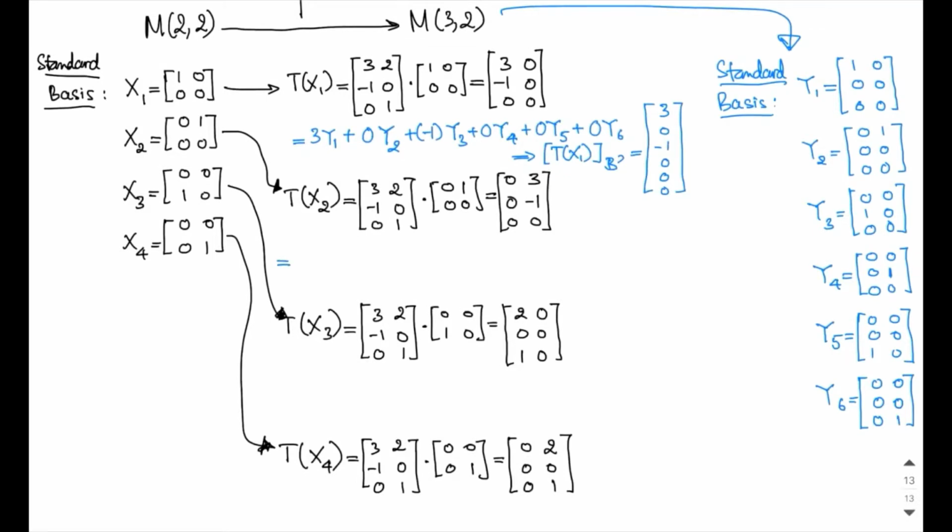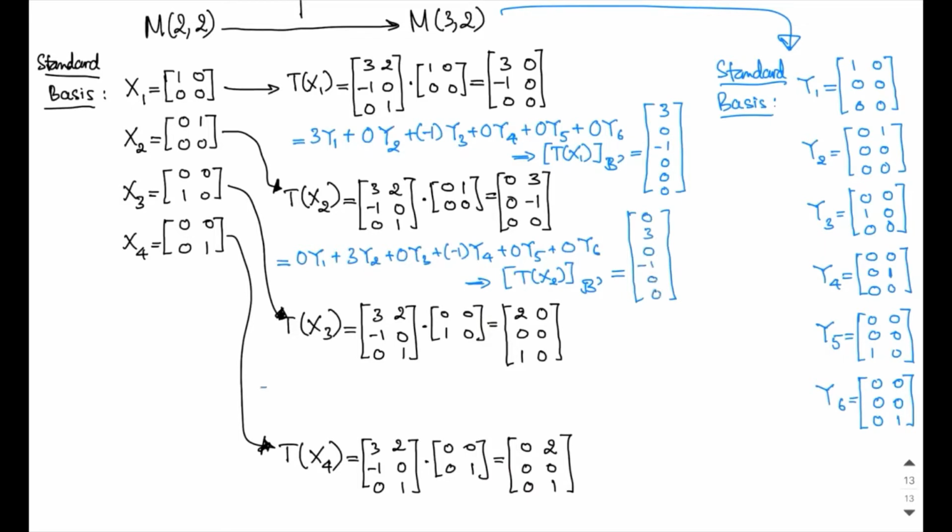You will find T of x2 being 0y1 plus 3y2 plus 0y3 plus negative 1 y4 plus 0 y5 plus 0 y6. And this implies that the coordinate for T of x2 with respect to the basis in the target space is going to be 0, 3, 0, negative 1, 0, and 0.